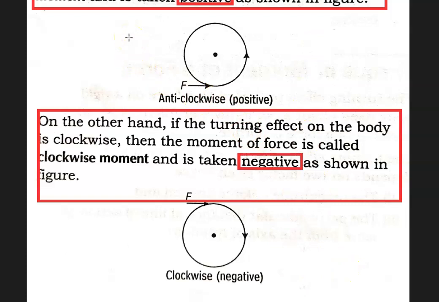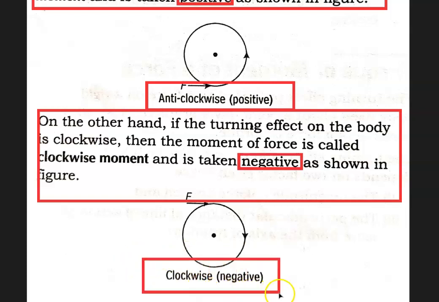If you look here in the diagram above, when the force is acted upon the body is moving in anti-clockwise direction. Hence, the moment of force will be taken to be positive. In the diagram given below, when a force F is applied, the object is moving in clockwise direction. Hence, the moment of force taken will be negative.